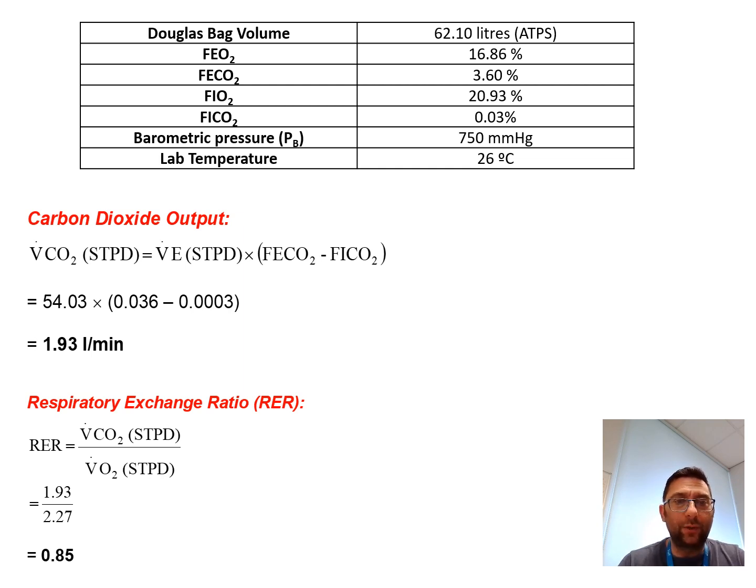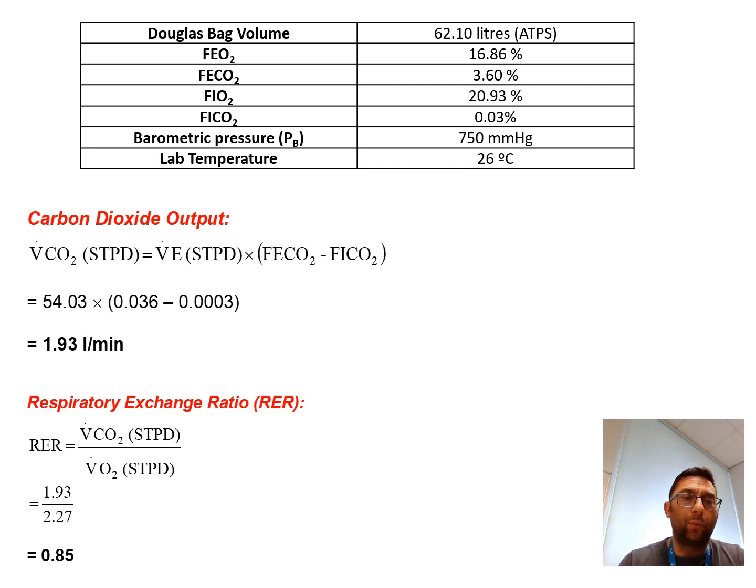Fraction of expired CO2, we know the percentage is 3.60%. So again, just move your decimal place two places. That gives us 0.036 minus fraction of inspired CO2. We know that inspired percentage is 0.03. So again, just move your decimal place two places. That gives us 0.0003.